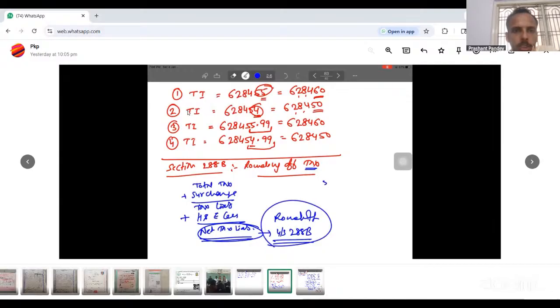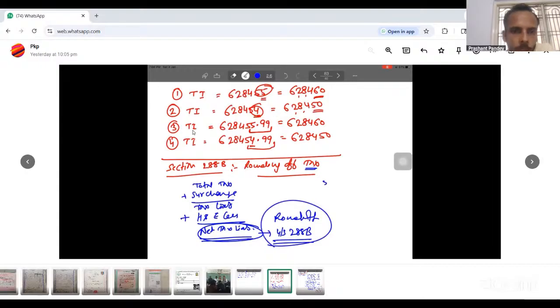Let's take an example. If the total income is 6,28,454, the last digit is less than 5. It will be rounded off to the previous 10th place, that is 6,28,450. We'll take it back and round it off to the previous 10th place.